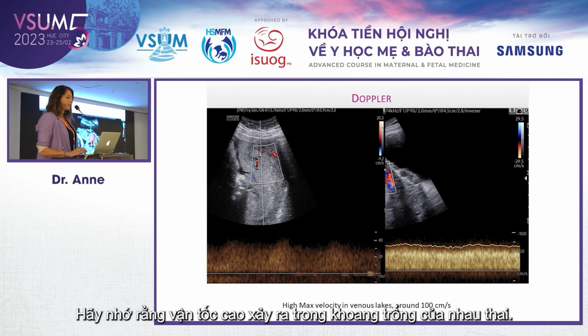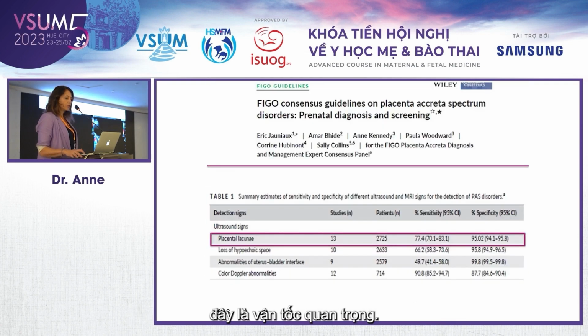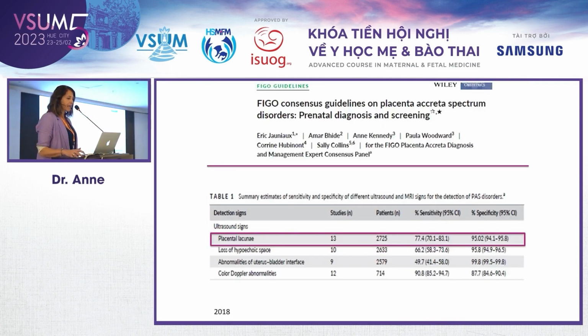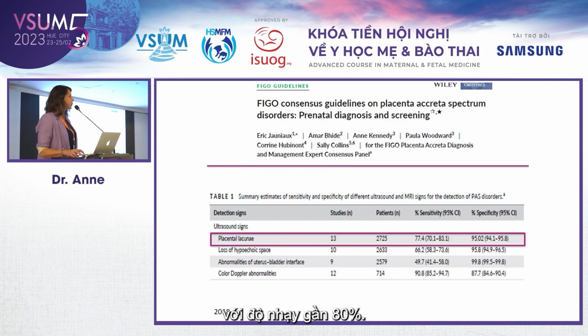So bear in mind that we have this hypervelocity inside those lacunae. Here you have the difference between a normal vascularization and here the important velocity. So placental lacunae is a very performant, accurate sign, as you can see here, with a sensitivity near 80%.